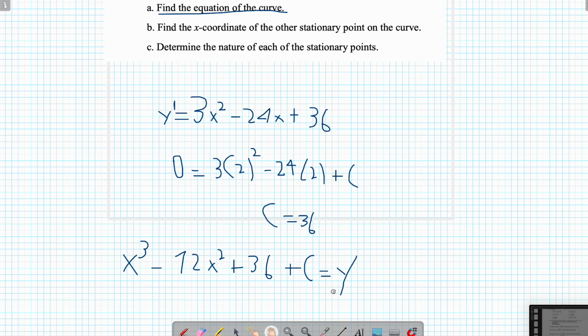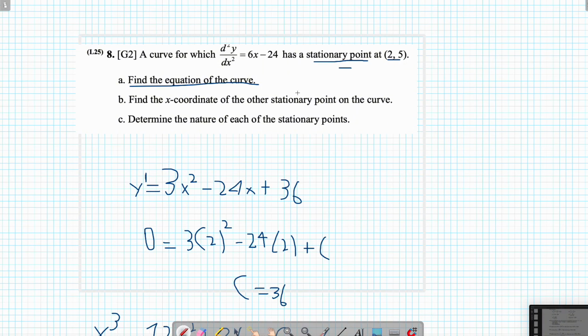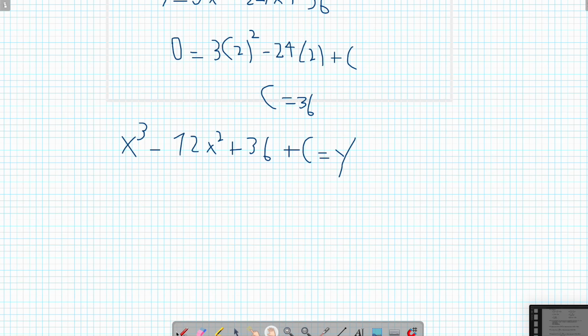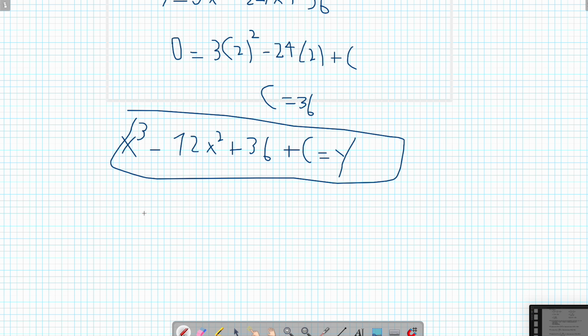Again here they said 2, 5, which means we can use it in this equation right here. So simply we're gonna find c again to find the equation of the curve. So 2 cubed minus 12 times 2 squared, forgot to include the x here, 12x squared, plus 36 times 2 plus c is equal to 5.